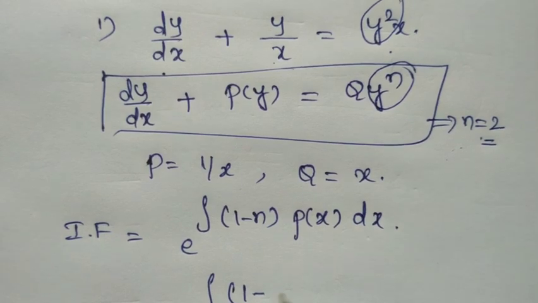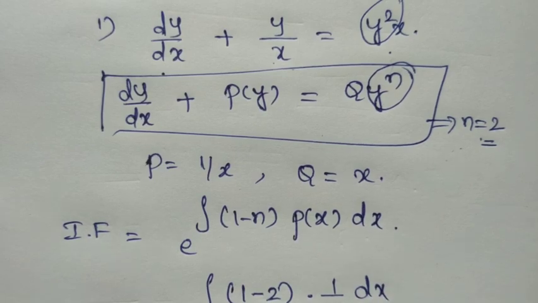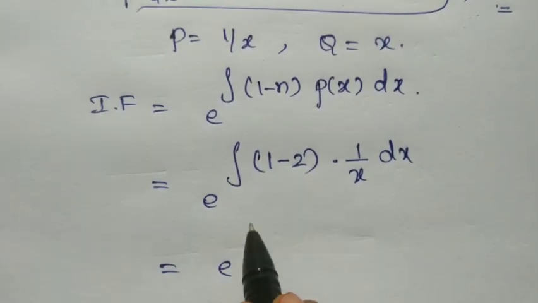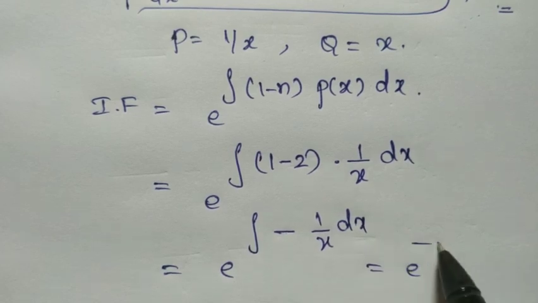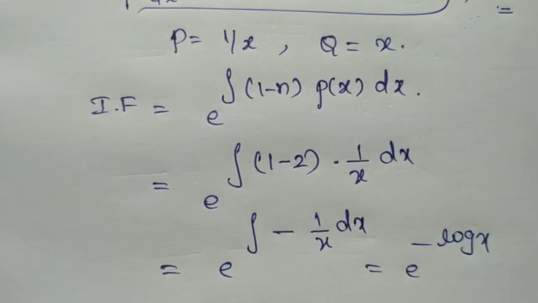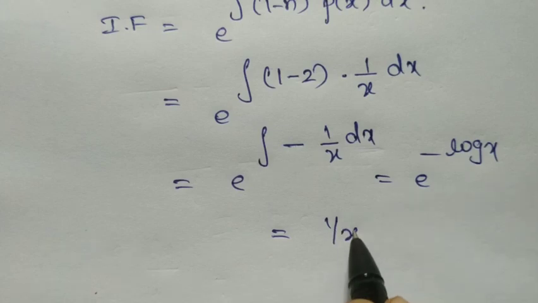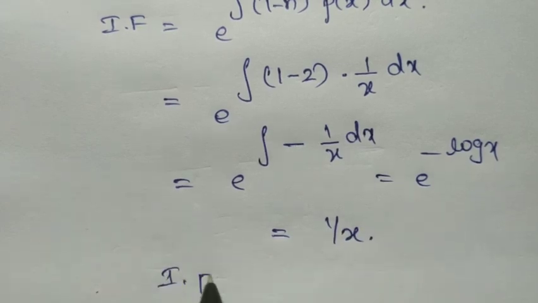Here n value is 2, and p of x is 1 by x, so that is e power minus integration of 1 by x dx, which is e power minus log x, that is equal to 1 by x. So therefore the integrating factor is 1 by x.